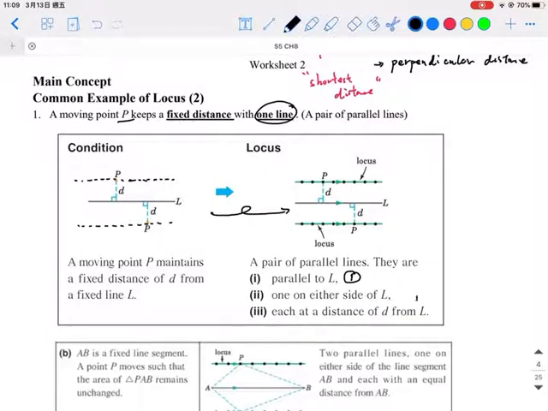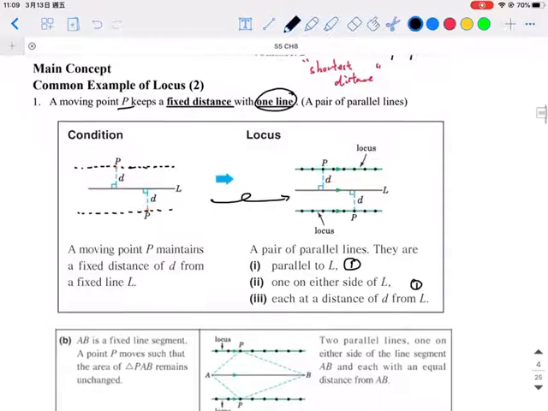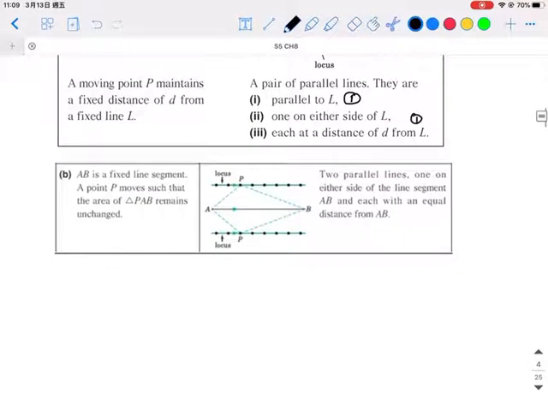And then keep a fixed distance D from L. Another special case, which is also a pair of parallel lines, is when P is a moving point such that the area of PAB is unchanged. Because for different points P here, the height is always the same.